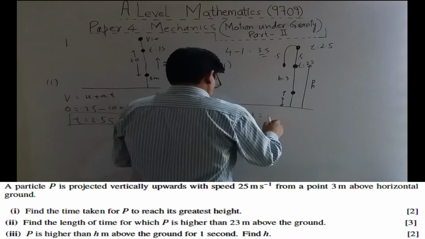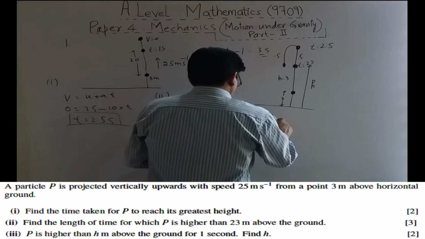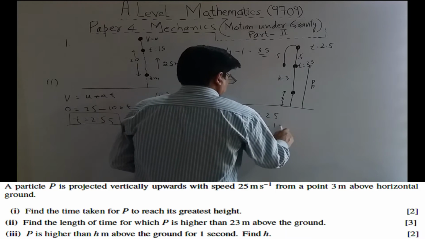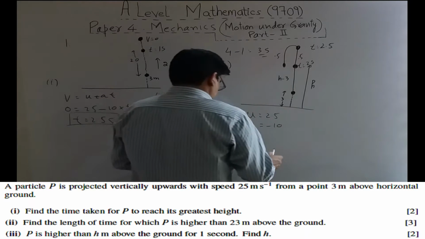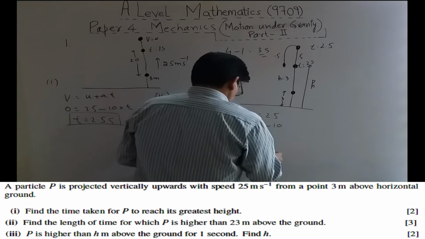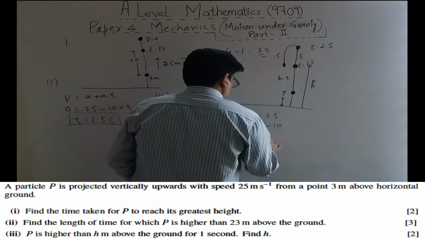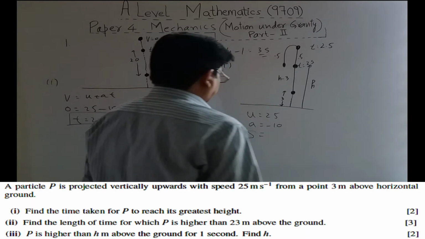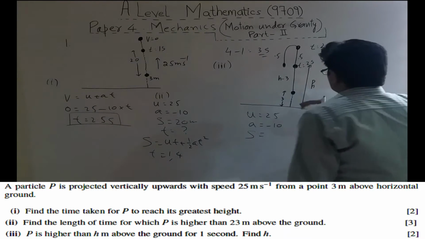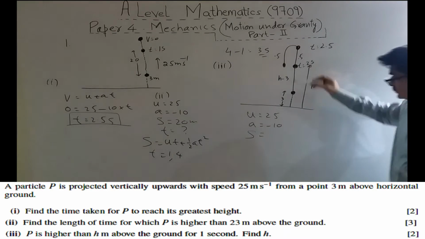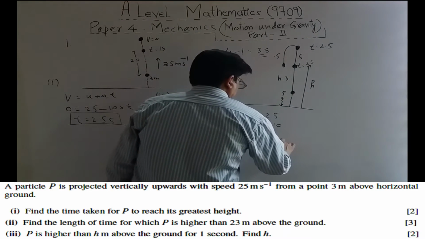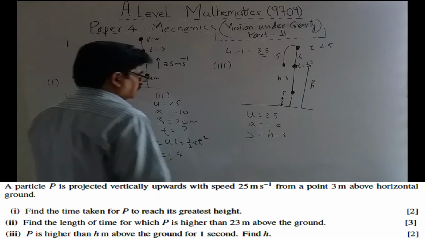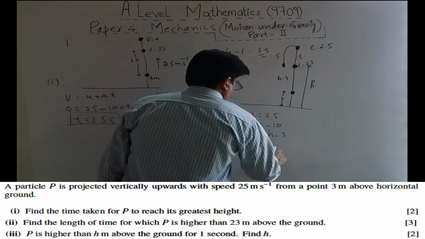So we have the data now. U is equal to the initial velocity, 25, acceleration again minus 10, and S we don't know. The question is that we have to find h. We are taking motion from this point, so our S will be h minus 3, and time is now 2 seconds.